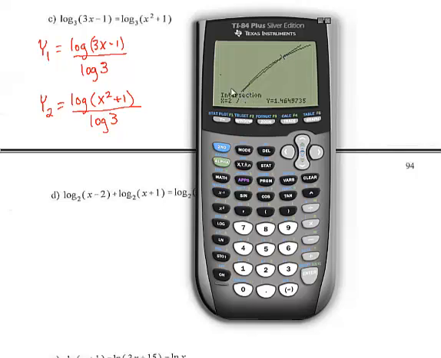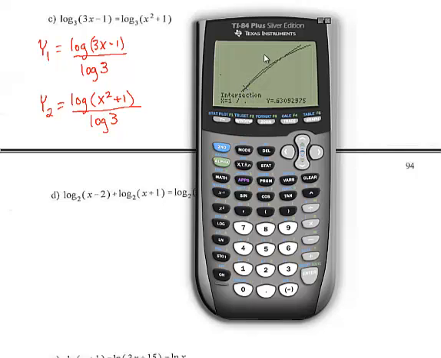I think if we want the other intersection, then we need to enter the first curve and second curve closer to the other intersection. So I move my cursor over towards the first intersection, hit enter, enter on the second curve, enter again, and then it gives us our other intersection.